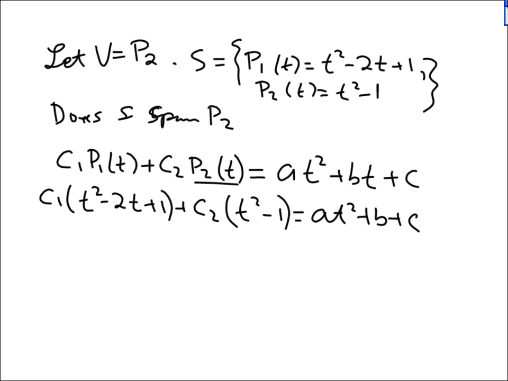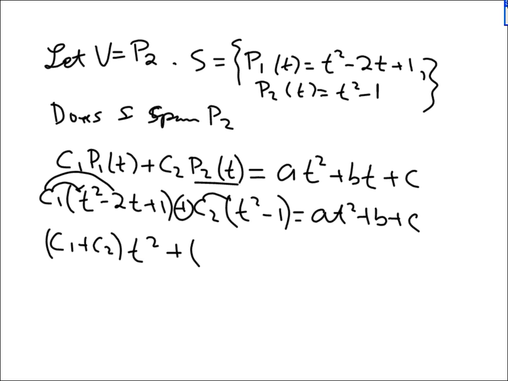Let's collect like terms. Let's find out how many t squares we have. We have C1 t squares, and we're adding C2 t squares more. So we're going to have a total of C1 plus C2 t squared, plus, how many t's do we have?